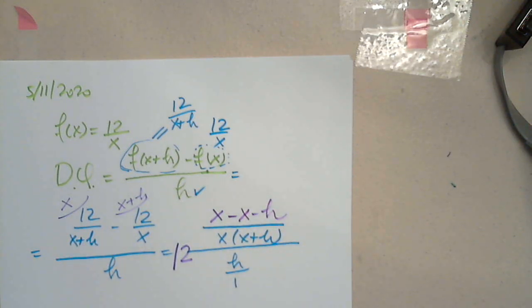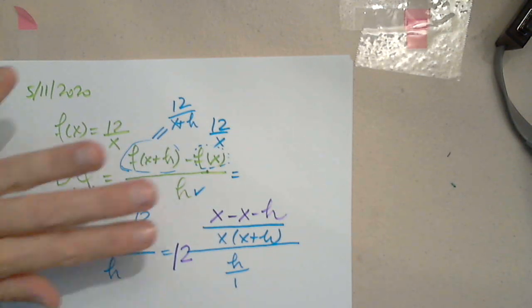Now remember, two things have to happen when we find and simplify the difference quotient. What are those two things that must happen? One, h from the numerator has to go away. Is that clear? Anything that does not have h.